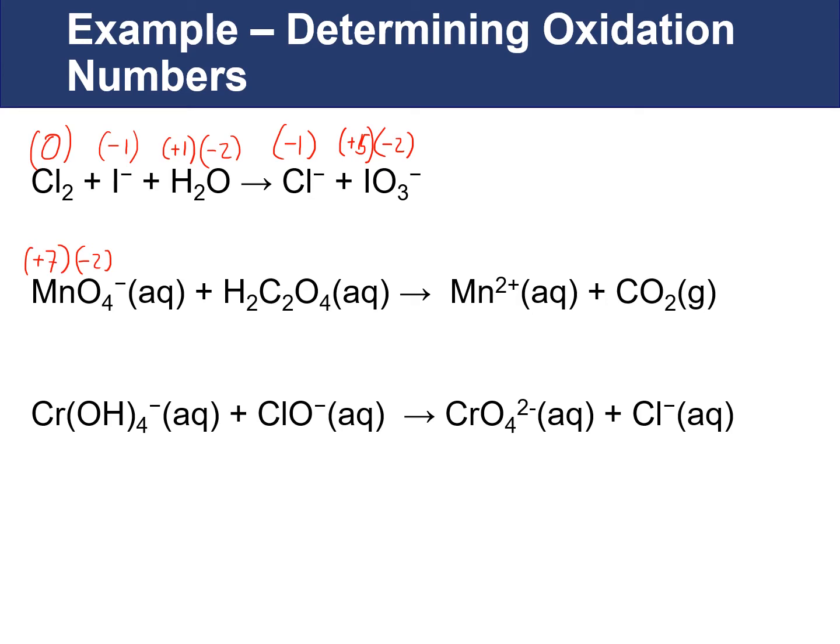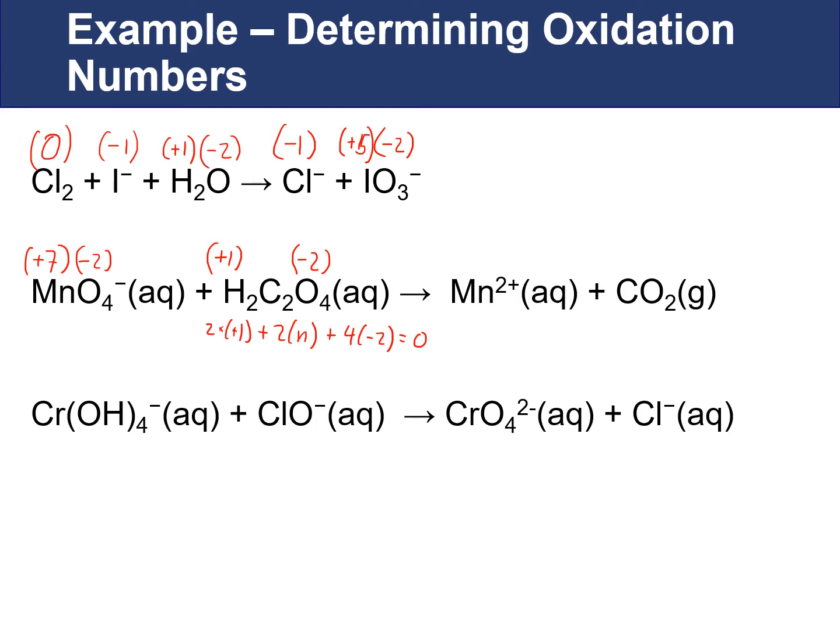Okay, for this, the oxygens are all going to be -2. There are 4 of them. The hydrogens will be +1 each. Okay, and then you have 2 carbons, so we'll have to work out what those are each going to be. So you have 2 times +1 plus 2 times whatever your number is going to be plus 4 times our -2 equals the overall charge, which is 0.